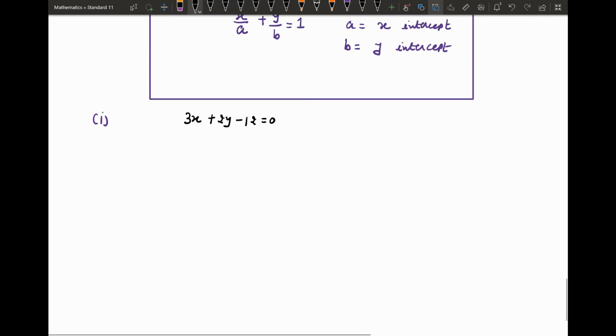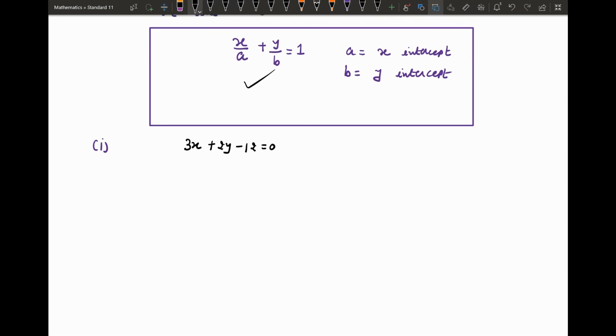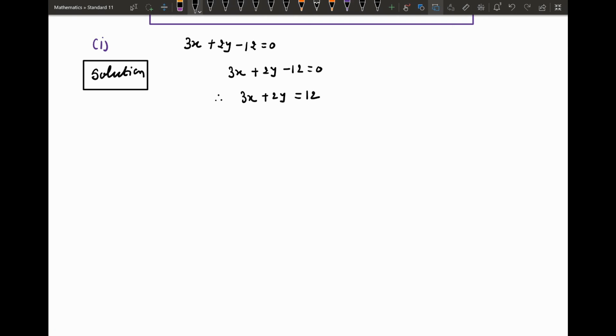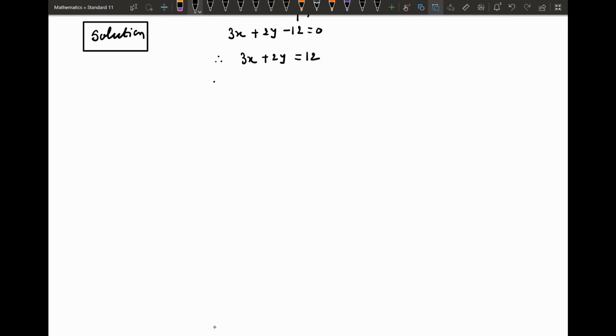We will convert this into the form x by a plus y by b equal to 1. So 3x plus 2y minus 12 equal to 0. On simplifying, we get 3x plus 2y equal to 12. Transfer this term. Divide each term by 12.